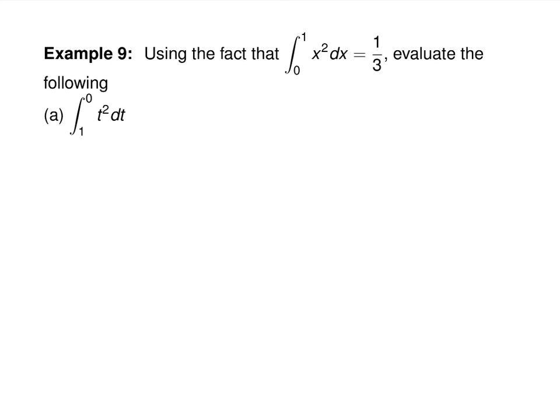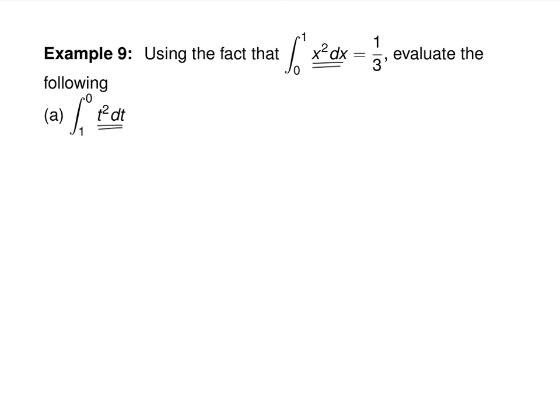Okay. So we're going to use those properties to evaluate some integrals. Now, much like with derivatives, does the fact that the variable is a different letter really matter? Not really, no. So if the integral from 0 to 1 of x squared is a third, we proved that, right? What's the integral from 1 to 0 of t squared?